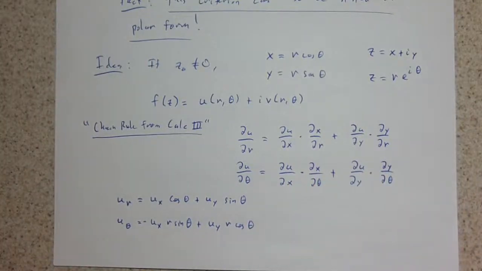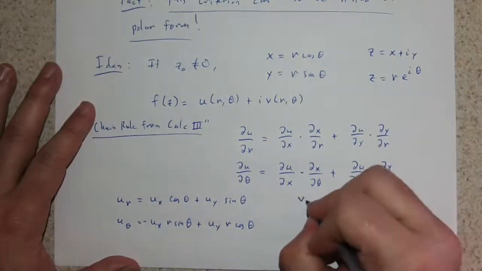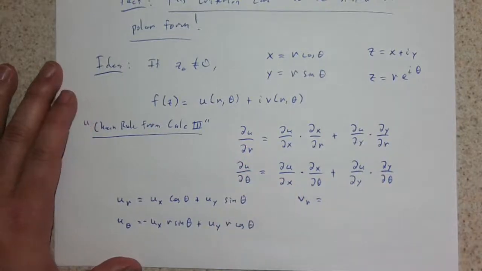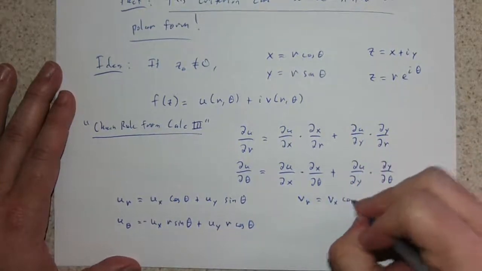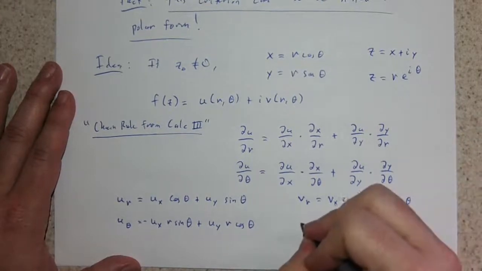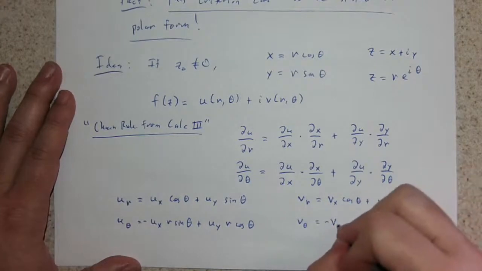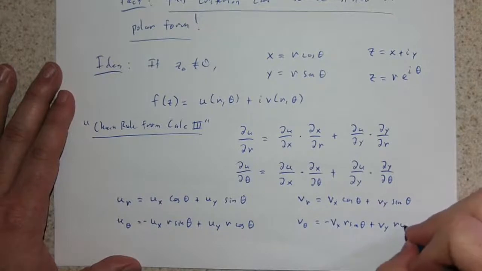And similarly, using the same formula, just replace u with v here. So v sub r is going to be v sub x cosine theta plus v sub y sine theta. And v sub theta is minus v sub x r sine theta plus v sub y r cosine theta.